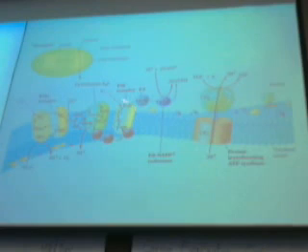Then the photosystem 1 uses light energy to boost these electrons up to very reducing redox potential. It reduces a small molecule called ferredoxin. That provides the electrons to a ferredoxin NADP reductase, which reduces 2 molecules of NADP to NADPH.